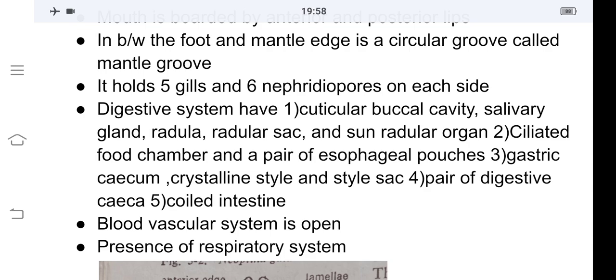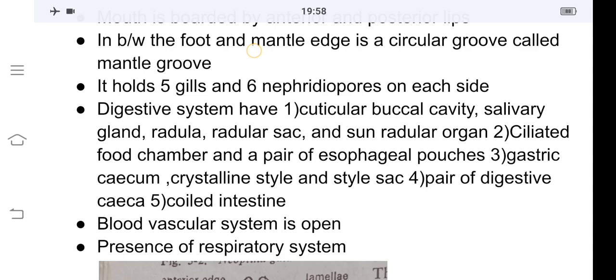Thirdly, a gastric cecum, crystalline style and style sac in the stomach. Fourthly, a pair of digestive caeca or midgut glands associated with the stomach. Fifthly, a highly coiled intestine. And Neopilina is a microphage, feeding on microorganisms and detritus.